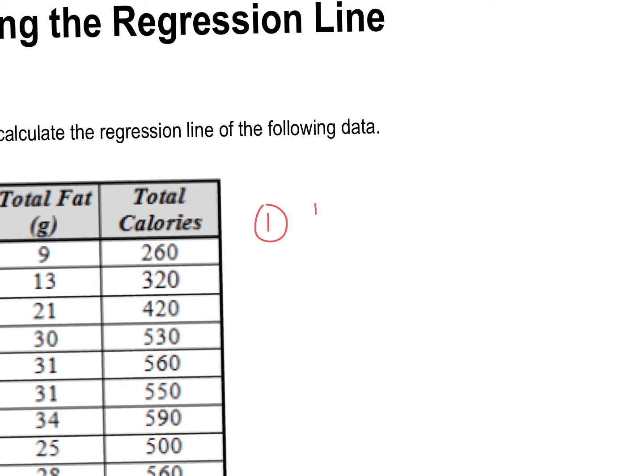I'm going to use this plus sign, and you'll see in a moment why. So you're going to add a table with your data. That is the very first step.